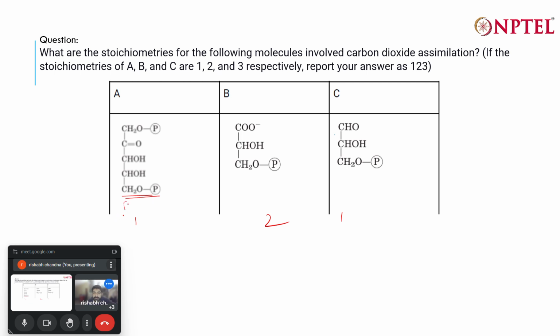It's actually ribulose 1,5 biphosphate. Yes. Then compound B is 3-phosphoglycerate, and compound C is glyceraldehyde 3-phosphate.